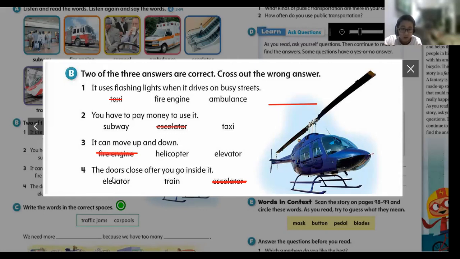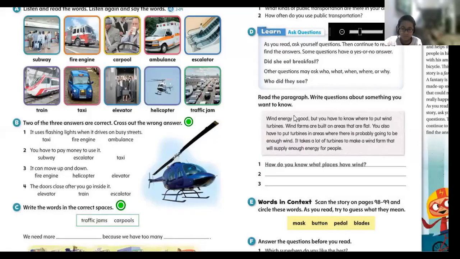The elevator and train will all close the doors when you get inside. Very good. These are the different transportation or different vehicles that we see on the streets every day. Thank you for answering.